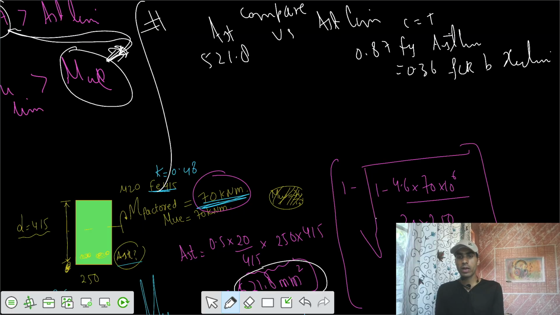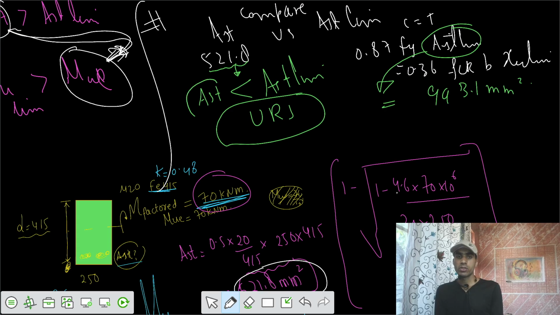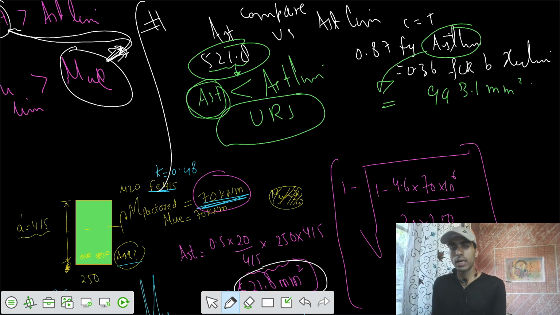Substituting those values, AST limiting comes out to be 993.1 millimeters square. So AST required is lesser than AST limiting. That means the section is an under-reinforced section, and the steel required should be only the part we have already solved for. So this is the second approach.